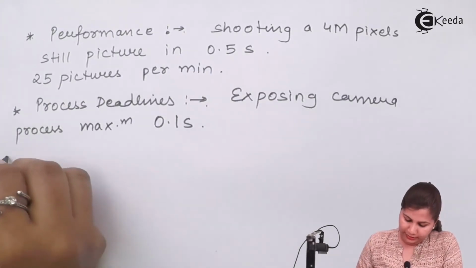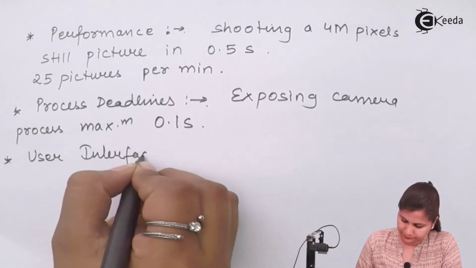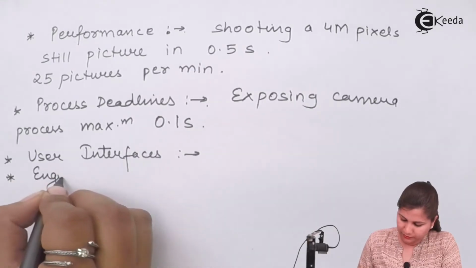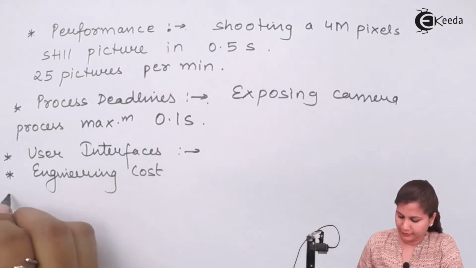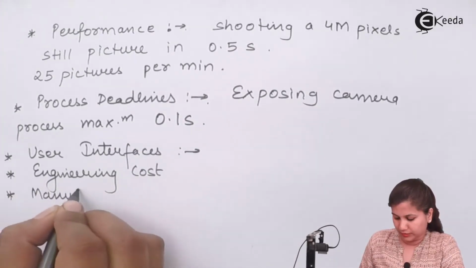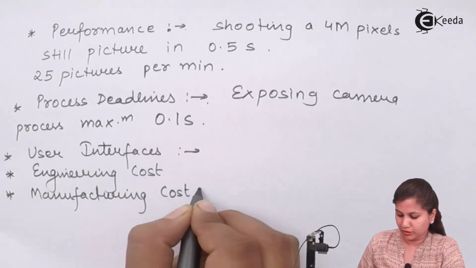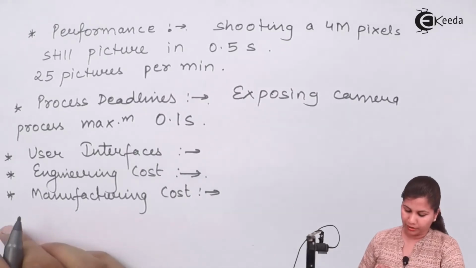Then user interface, engineering cost, and manufacturing cost. These are also some other design metrics for the digital camera. Now these design metrics are kept in mind when the digital camera is being designed by the manufacturers.